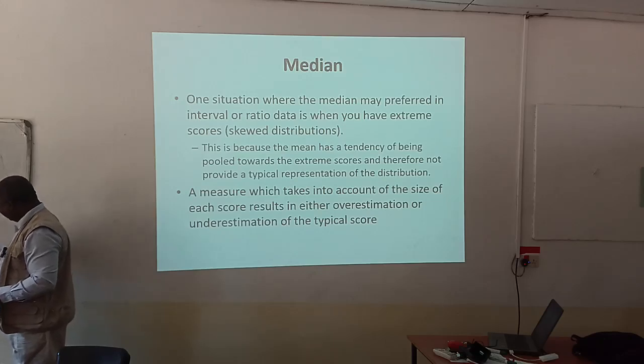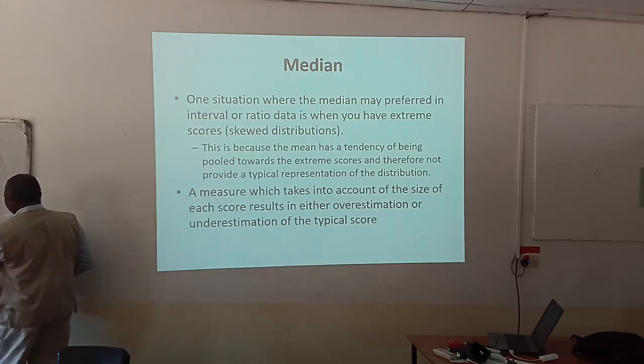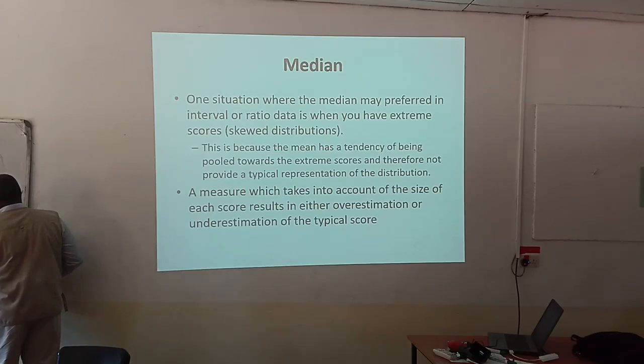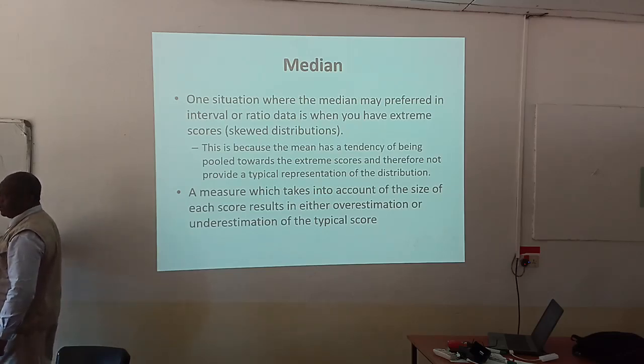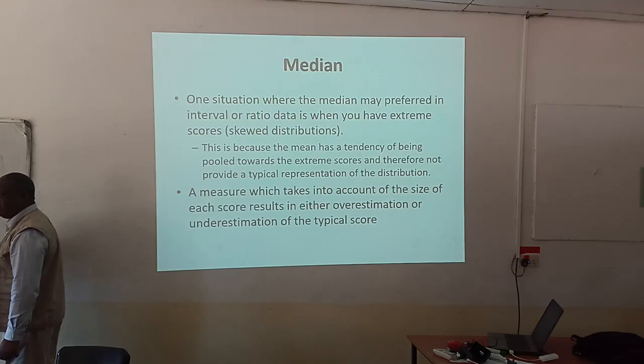This line, I'm not a good artist, will represent the point at which the majority of the observations occur. At this same point, 50% of the scores lie below it and 50% of the scores lie above it.